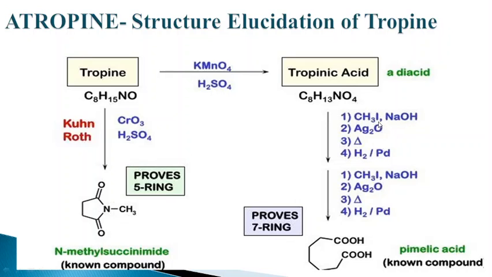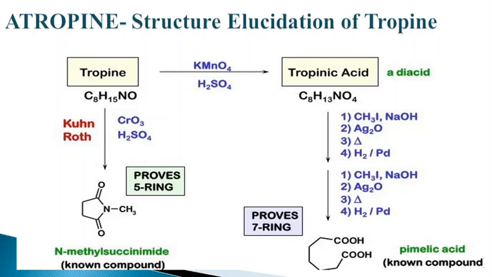Reagents, as we already studied, are methyl iodide and NaOH, converting the tertiary nitrogen of tropinic acid into a quaternary salt. Then the quaternary iodide is formed. When it is treated with silver oxide, the corresponding hydroxide is obtained, and on heating and reduction we get an unsaturated acid, and the nitrogen is expelled from the ring.